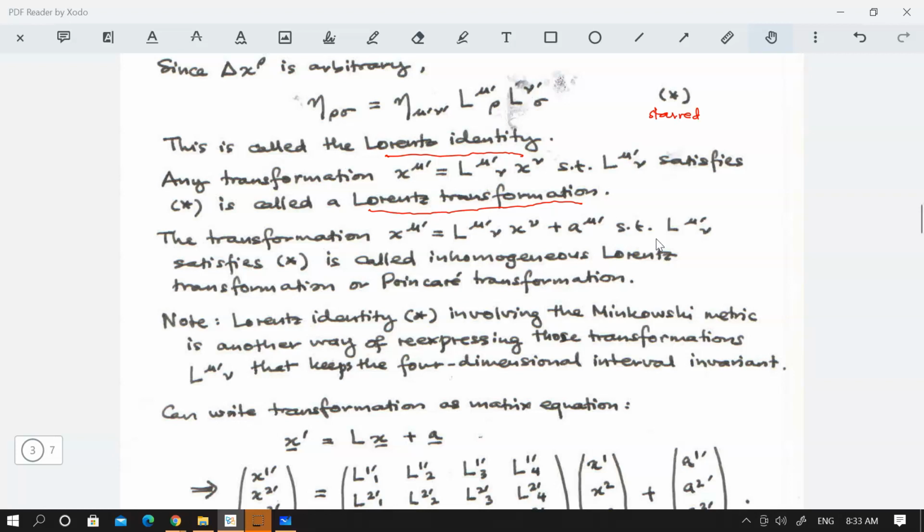But you remember also the general idea of a straight line going to a straight line. You can append this transformation, the Lorentz transformation, by addition of a constant, and this is sometimes called an inhomogeneous Lorentz transformation, or generally it's called a Poincaré transformation.